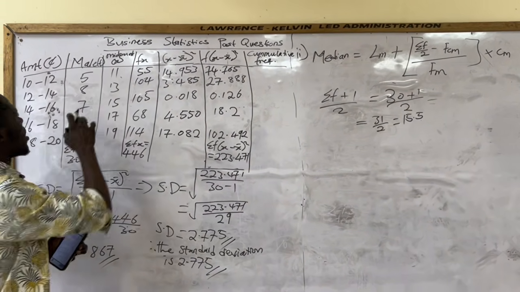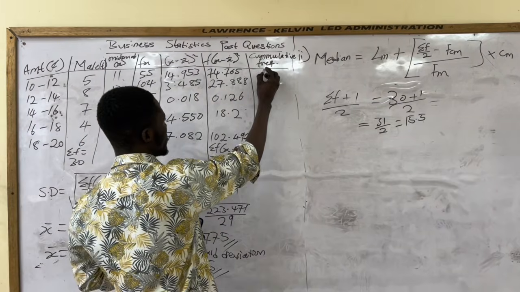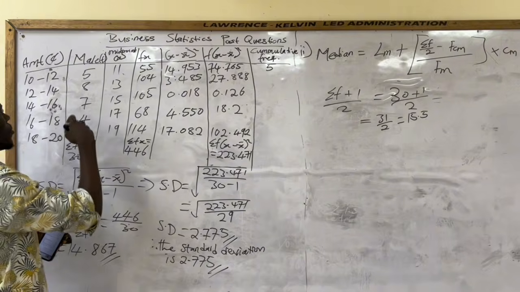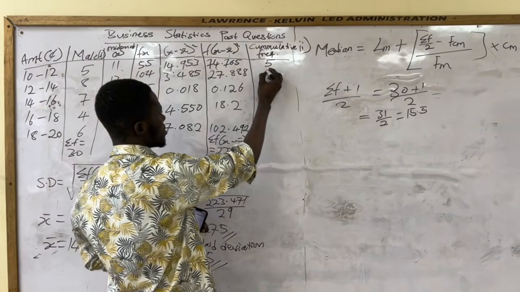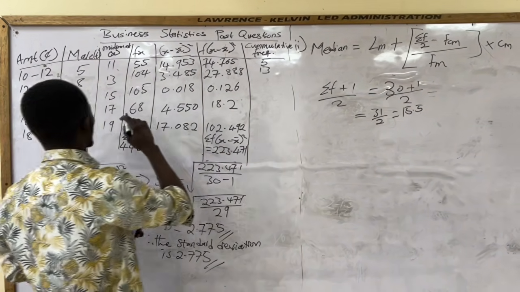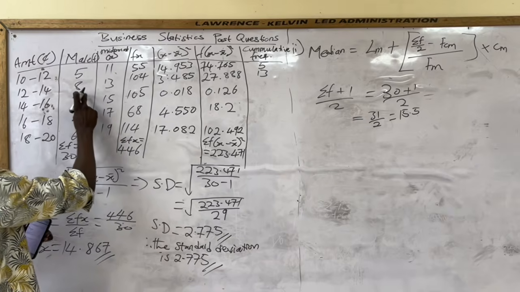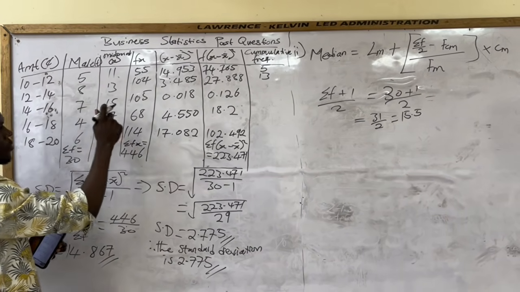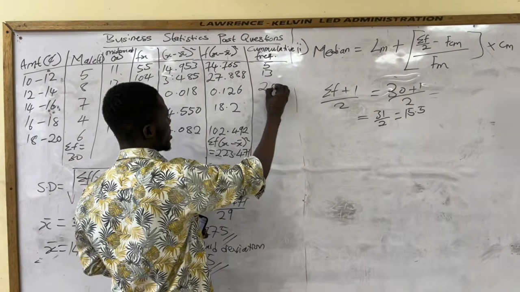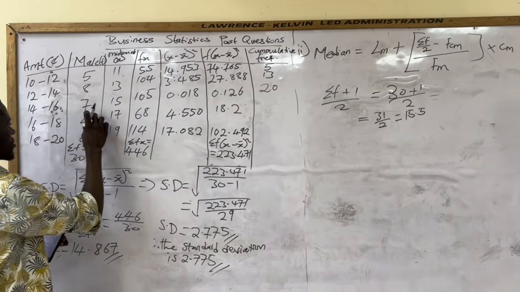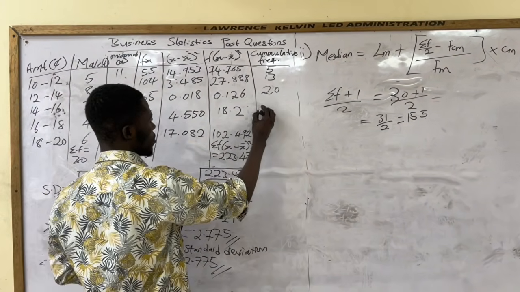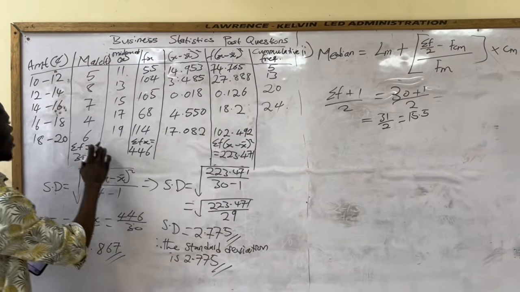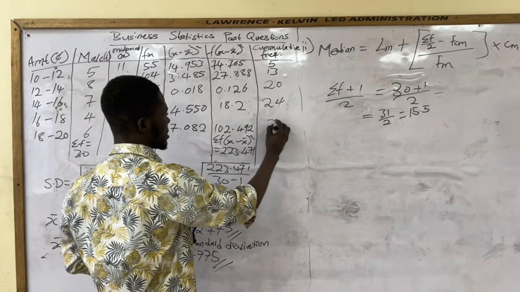Our first frequency was 5. 5 plus 8, we will get 13. Then 13 plus 7, or 5 plus 8 plus 7, we will get 20 here. Then 20 plus 4, we get 24. Oh, sorry, 24 plus 6, then we get 30.